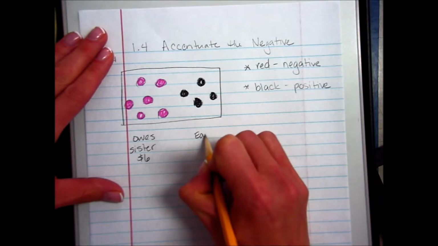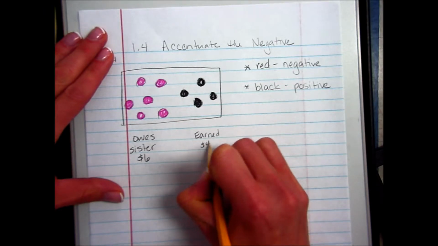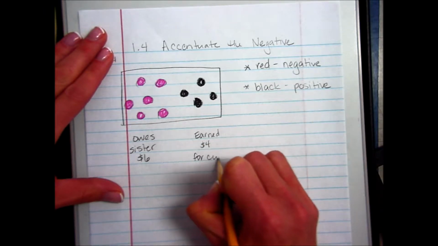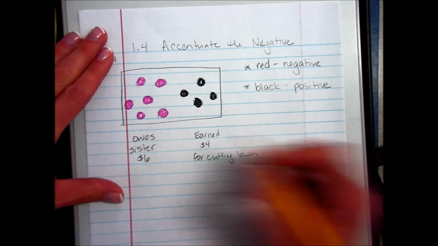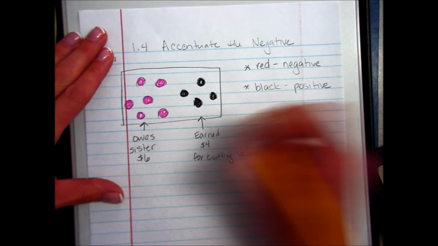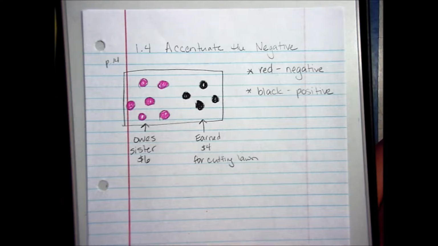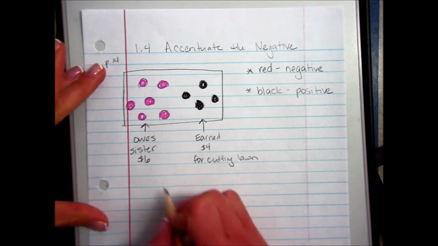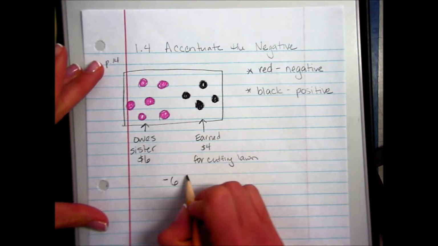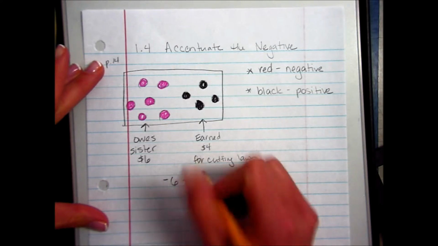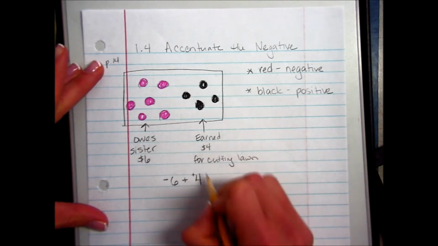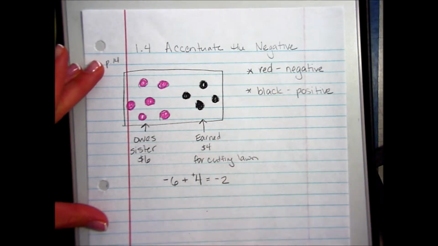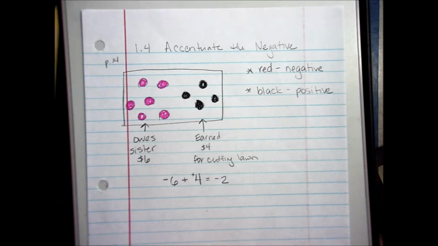She earned $4 for cutting the lawn. Now she has concluded that -6 plus a +4, and they put the little plus here just to help you remember that that is a +4, will equal a -2. Now, why do you suppose that she has concluded this?